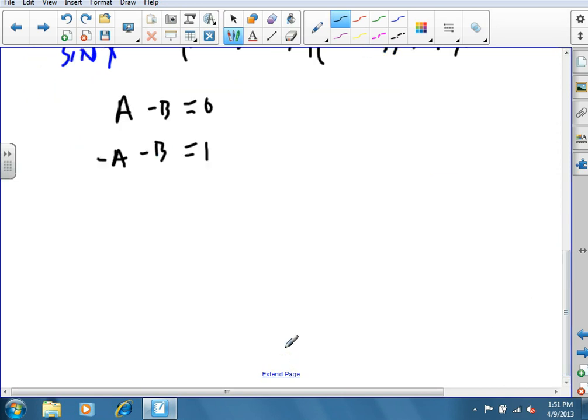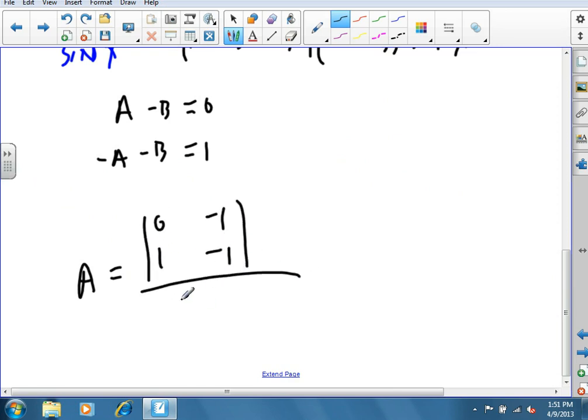Okay, that being the case, I can solve for a. So I got 0 minus a minus, so that's a plus 1. Got minus 1 minus a minus 1 gives me a minus 2.